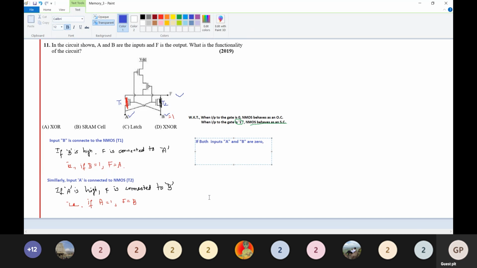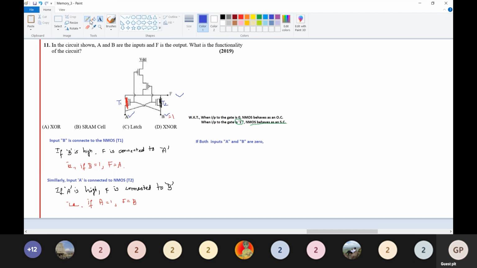If A is 0 and B is also 0, it will be an open circuit, and this will also be an open circuit. So F is equal to 0.